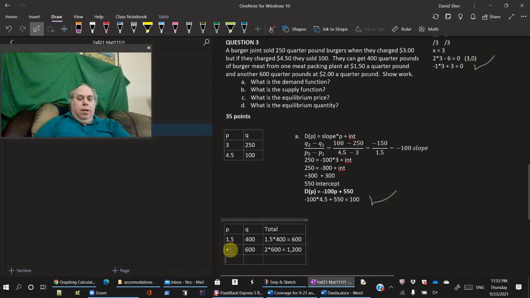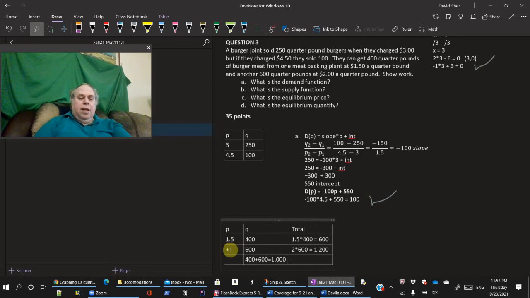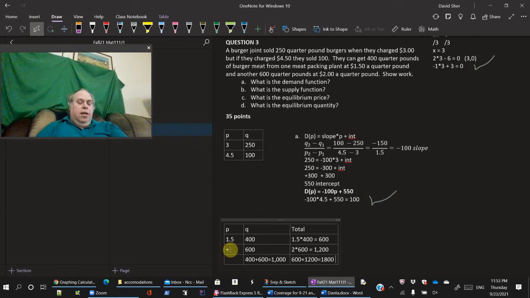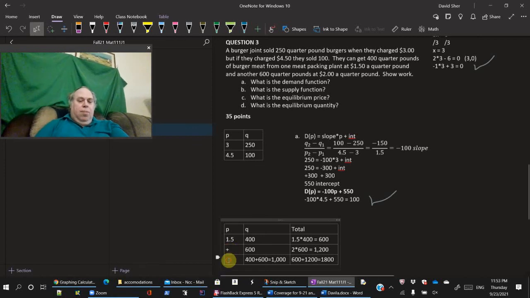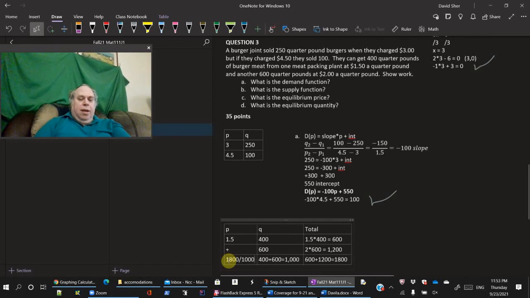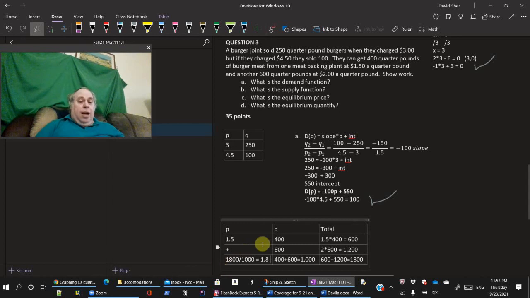So the quantity I buy from both suppliers is 400 plus 600, which is 1,000 quarter pounds. The total I'm going to spend is 600 plus 1,200, which is $1,800. If I buy 1,000 quarter pounds for $1,800, I divide 1,800 by 1,000, and my average price from going to both suppliers is 1.8.